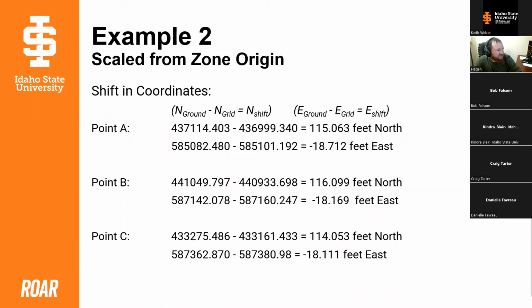Computing the difference between our ground and grid coordinates, you'll see that they've shifted roughly 115 to 116 feet to the north and over 18 feet to the west. This should show up if you have, say, a section corner and you have your section lines, PLSS lines, in your GIS. You'll probably be able to detect this kind of shift.